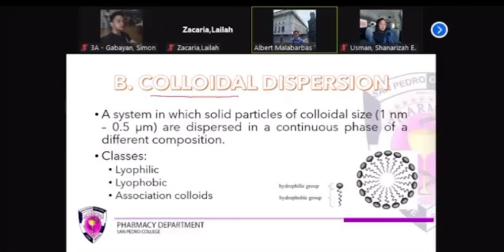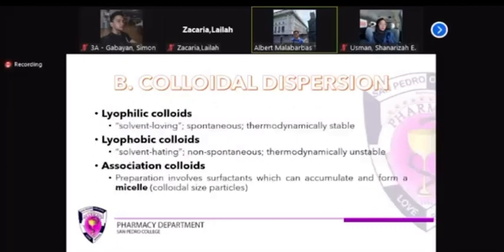Now, for colloidal dispersion, we have three classes: lyophilic, lyophobic, association colloids. So by simple definition, what do we mean by these? Lyophilic, these are solvent-loving colloids. They are spontaneously dispersed and thermodynamically stable. Lyophobic, it's the opposite, solvent-hating, non-spontaneous, thermodynamically unstable.